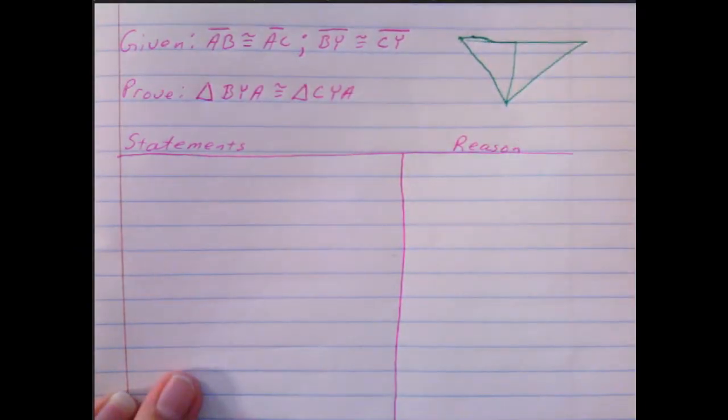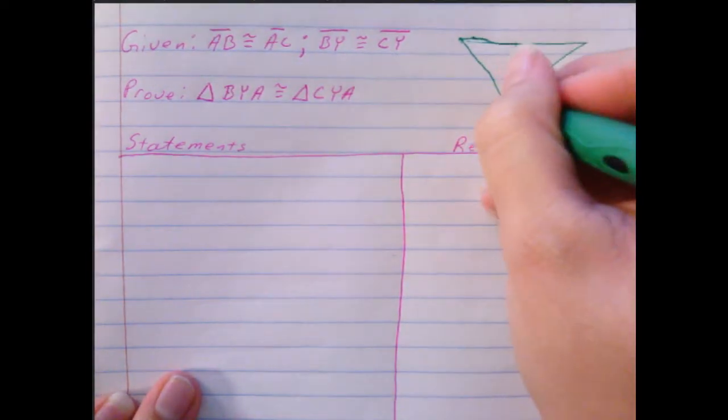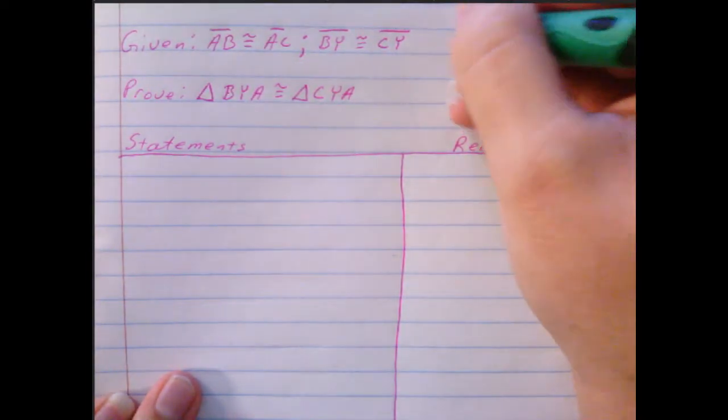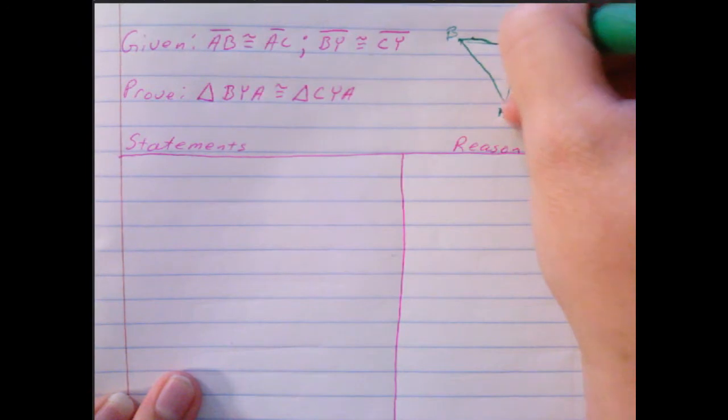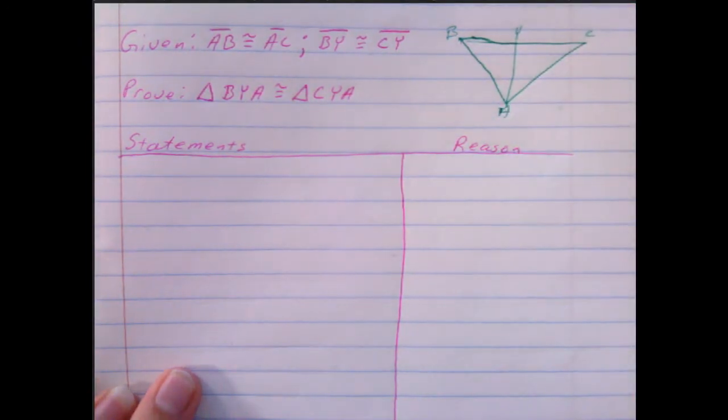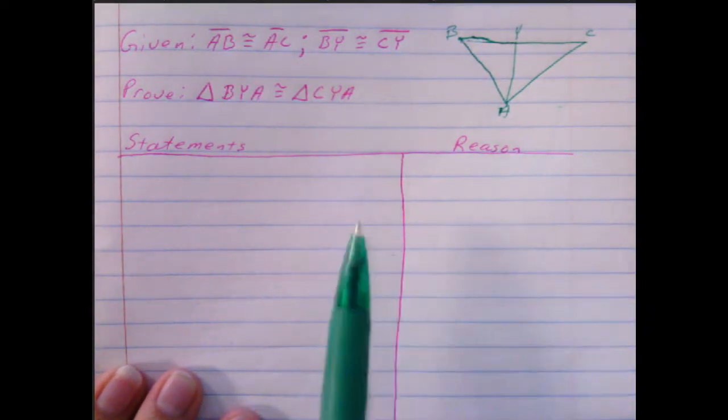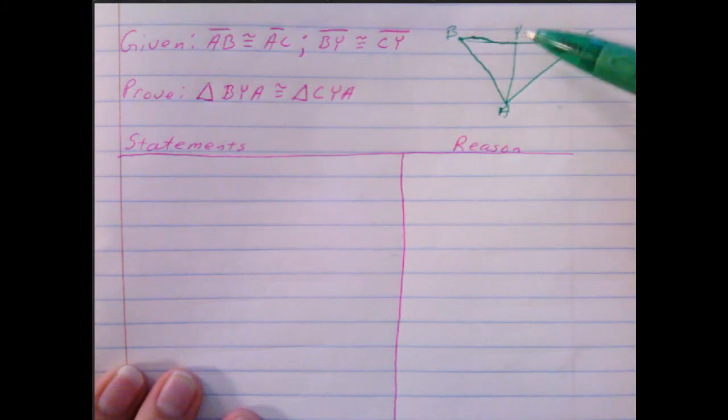And we're going to be labeling these A, B, Y, and C. Okay, so those are the triangles that we are looking at. We're going to try to prove that triangle BYA is congruent to triangle CYA, on this side.